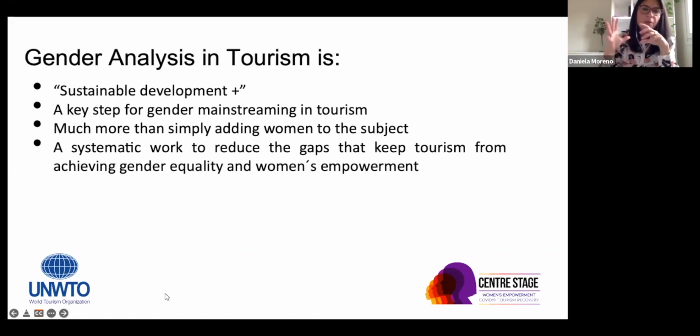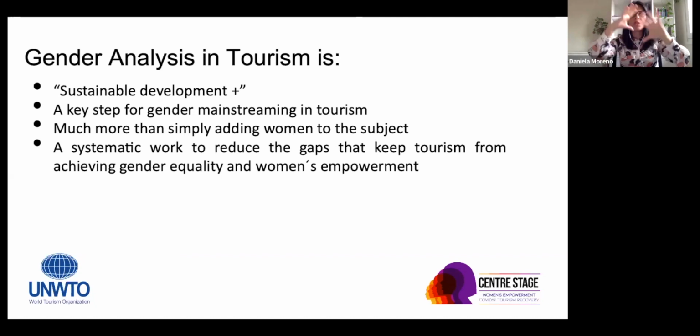So as a summary, I would like to tell you first that gender analysis in tourism is sustainable development plus, because the statement that I already told you, sustainability in tourism without gender equality, also is a key step for gender mainstreaming in tourism as well. A gender analysis is not the gender mainstreaming in itself, it's a tool to be able in the future to mainstream gender equality in tourism.